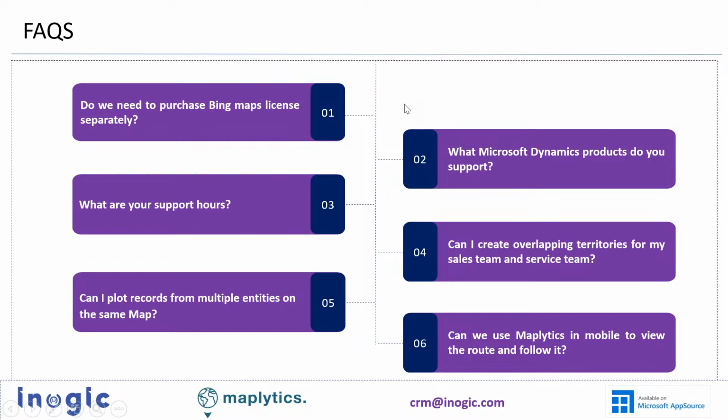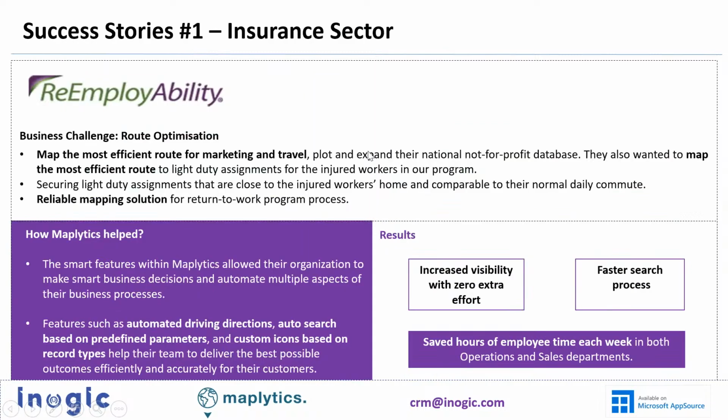Here we have also listed a few case studies from our very valuable customers. One of them is Reemployability. This works for the return to work program, where they look for light duty assignments within the close vicinity of the injured workers.